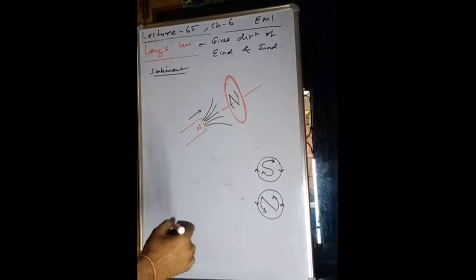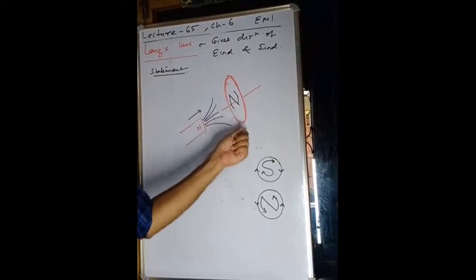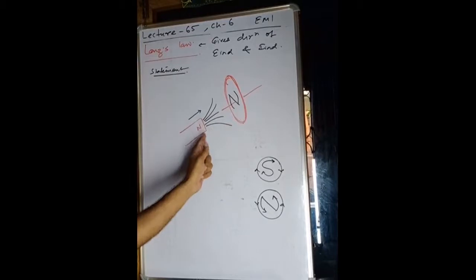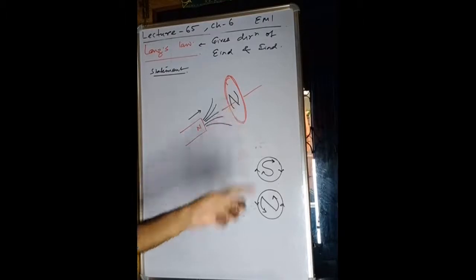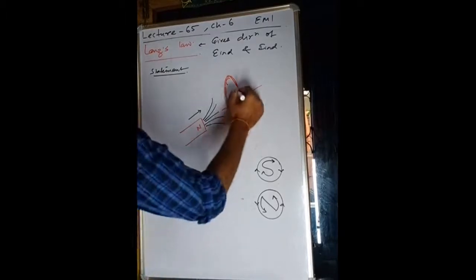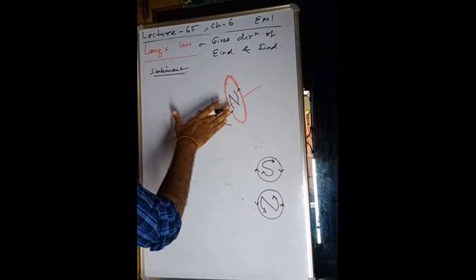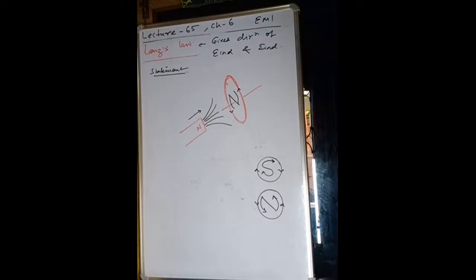Yes, to oppose, because this coil does not give the liberty to the magnet to come towards itself, a north pole will appear. If a north pole appears, my dear students, you can say the current will be in a particular direction. So this is Lenz law. According to Lenz, we got the direction of current. Now it is very easy. If a north pole is coming towards the coil, then the current will be induced in this direction. This is very easy to explain.